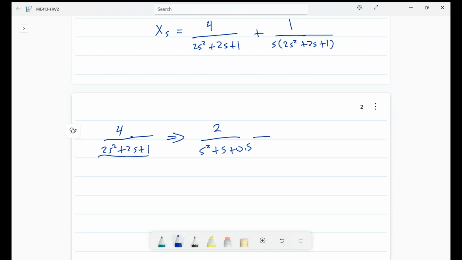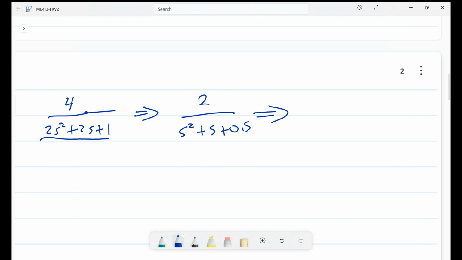Then we'll use completing the square by taking the coefficient of s, dividing it by 2 and then squaring it, adding it to our equation and subtracting it so as not to change anything.